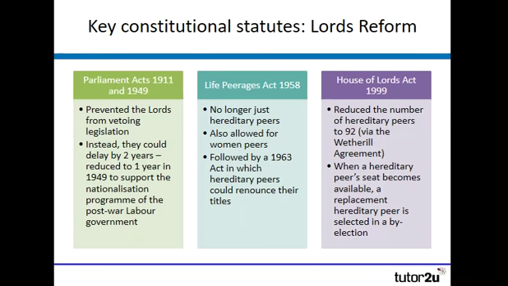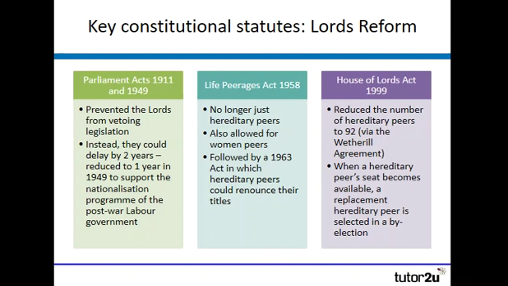This was followed shortly by a 1963 Act in which hereditary peers who did not want to be in the Lords or did not want their title could renounce their title. That would then allow them to sit in the House of Commons. The House of Lords Act 1999, another key constitutional reform by Tony Blair's new Labour government.